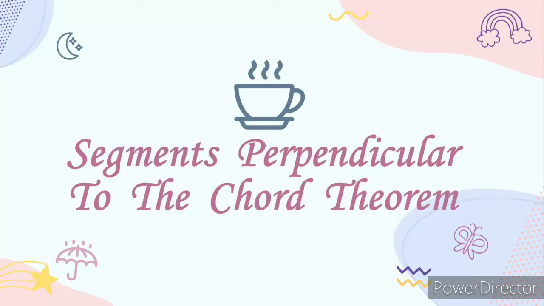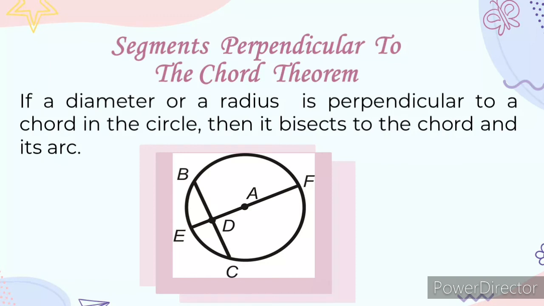Segments perpendicular to the chord theorem. This theorem states that if a diameter or a radius is perpendicular to a chord in a circle, then it bisects the chord and its arc.